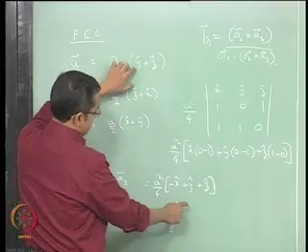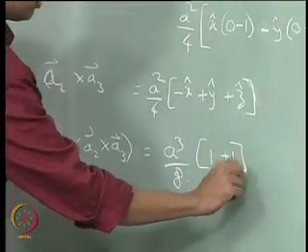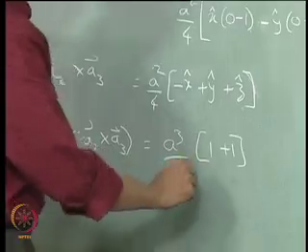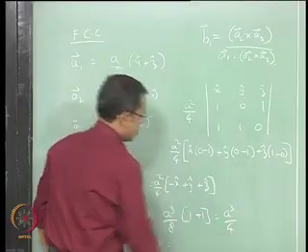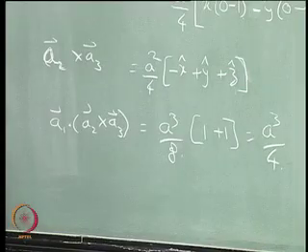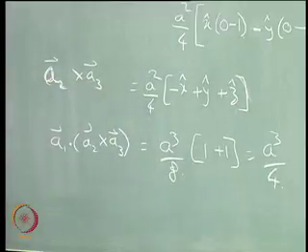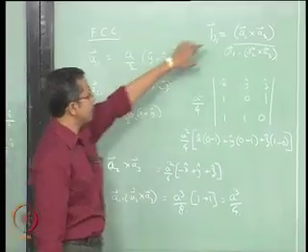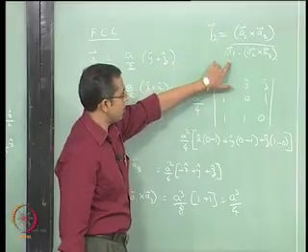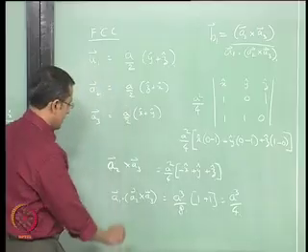So y times y becomes 1 and z times z becomes 1, and the dot product is therefore a cube by 4. So this a cube by 4 is the volume of this unit cell, and the vector is a2 cross a3. If you divide a2 cross a3 by this volume, you are simply dividing this entire term by a cube by 4.